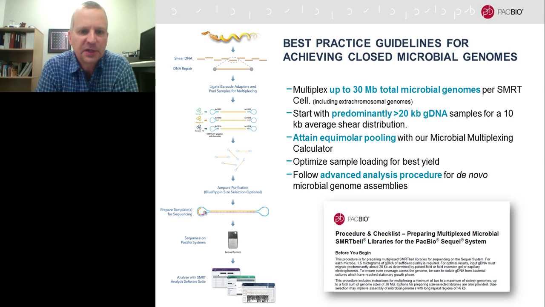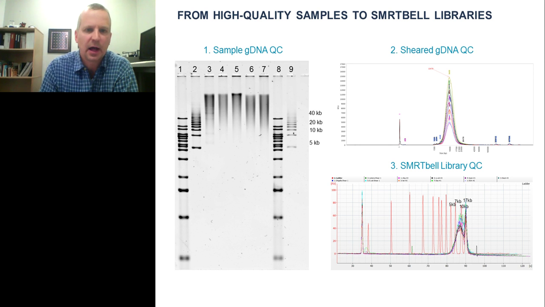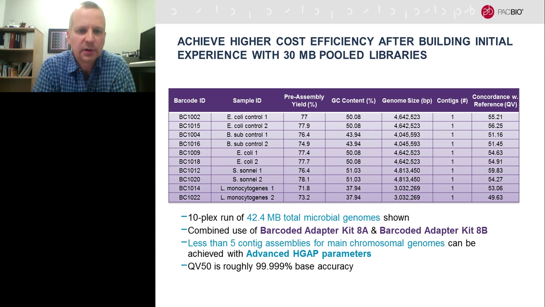We also provide detailed procedures and checklists for going through the process of DNA library preparation, sequencing, and data analysis, from the high-quality genomic DNA, shearing, and the SMRTbell library preparation, all the way to the bioinformatic analysis in SMRT Link. As I said, for the initial experience we would recommend starting with pooled libraries of 30 megabases. In some cases, it works well even with higher multiplexing. In this example, 42.4 megabases of total microbial genomes was used with the barcoded adapter kit and HGAP.